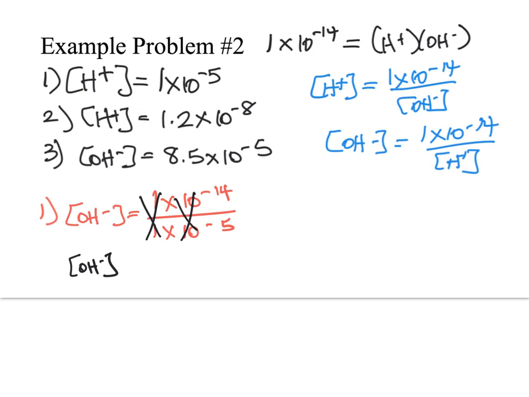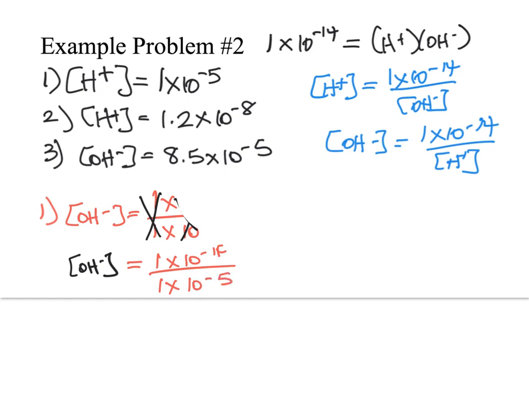Let's just rewrite that here. 1 times 10 to the negative 14th divided by 1 times 10 to the negative 5th.